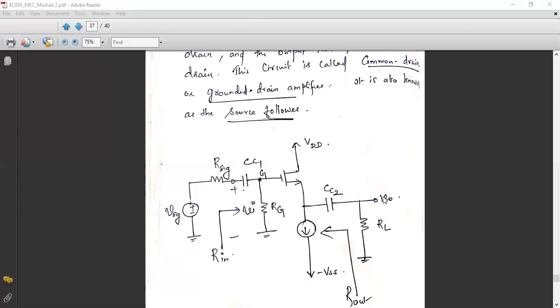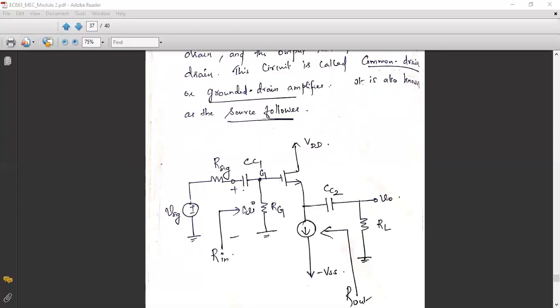So you have taken the output across the load resistance RL that is connected to the source terminal through a capacitor. Again, here you have a constant current source for the biasing purpose. And you have given the input Vsig through an Rsig and a capacitor to the gate. And you are having a gate resistance RG to have an infinite input resistance.